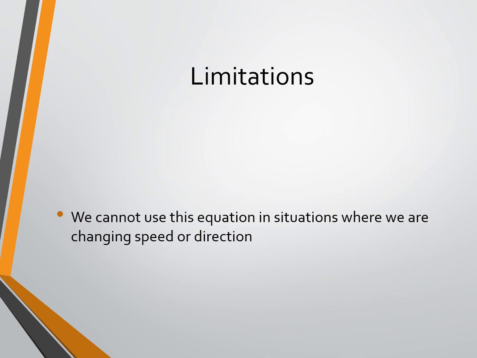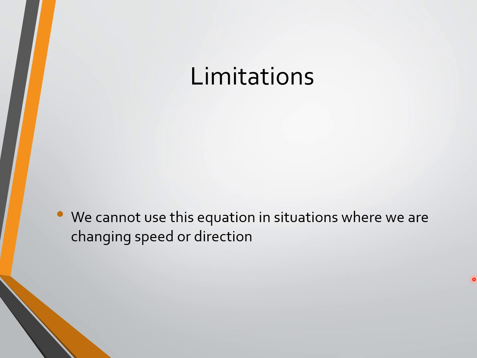The last thing we want to do is just really quickly cover a limitation. We cannot always use Newton's first law of motion, and that's if we're changing speeds or changing directions. So in a situation where we're in our car and going around a turn, we technically cannot use Newton's first law of motion.